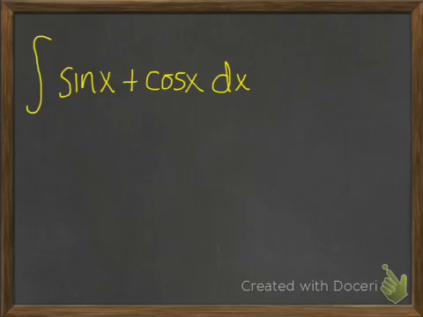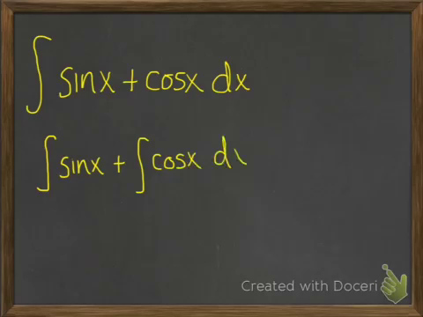We're basically taking the antiderivative of both sine x and cosine x. You can also break it up, make it the antiderivative of sine of x plus the antiderivative of cosine x dx. Look at it this way to make it a little bit easier.